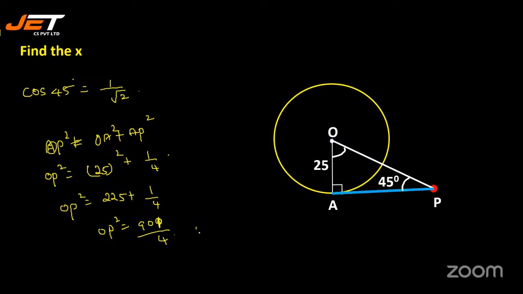Okay. So the square root of this becomes 15, which is 15. All right. So hope you're getting the answer. So the only thing is we need to know the basic difference between the secant and the tan.